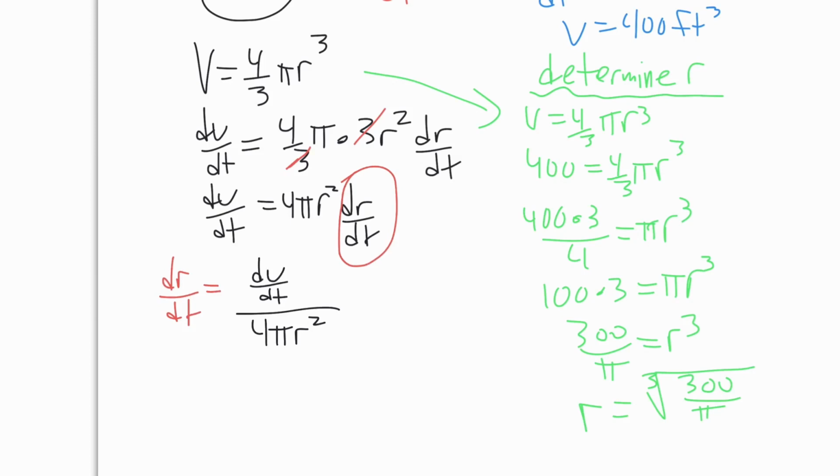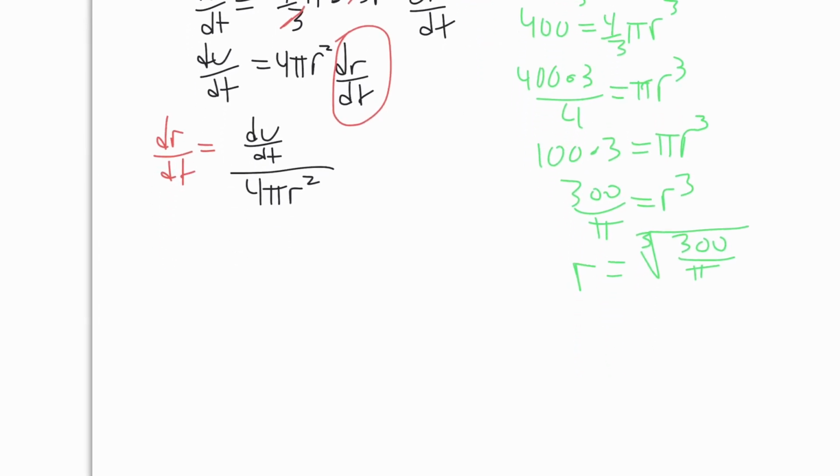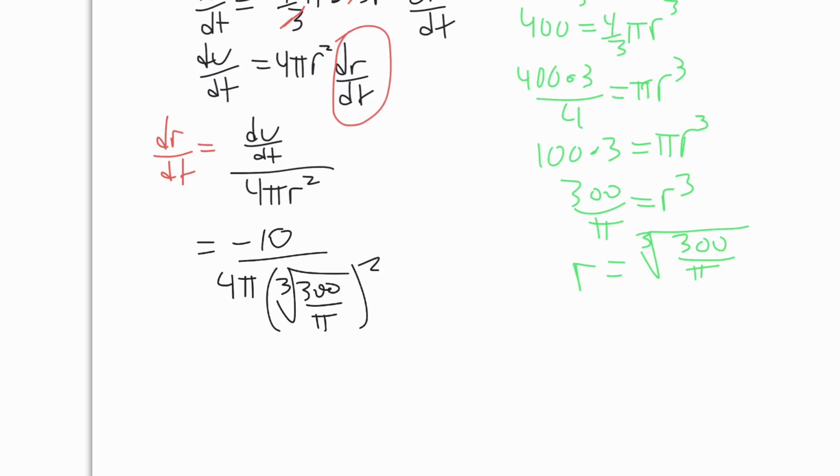So we can start plugging in the information that we have. We know that dV/dt is negative 10 over 4 pi. r is equal to this terrible cube root, so we'll put that in. The cube root of 300 over pi, squared. And we should try to simplify that a little bit.